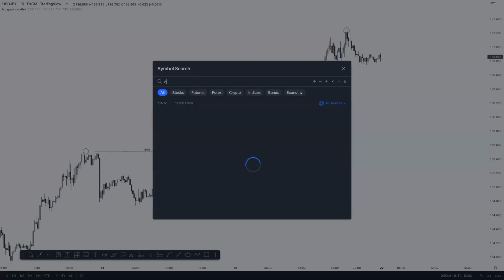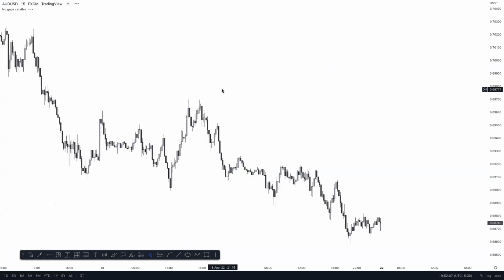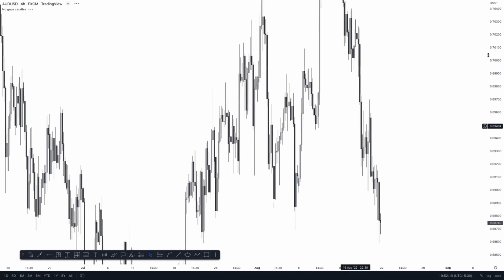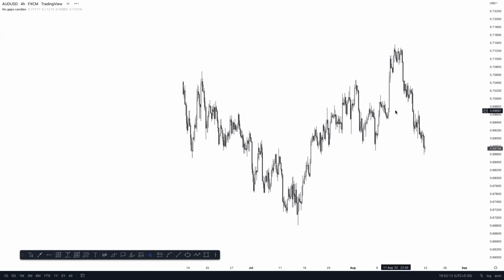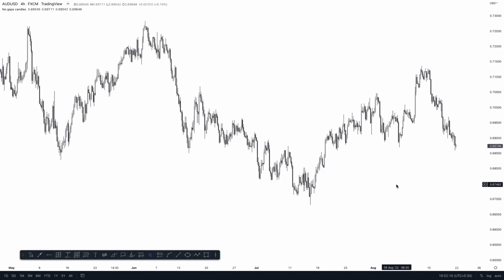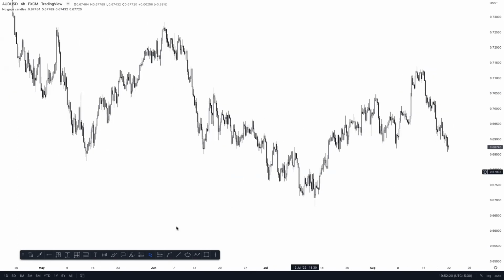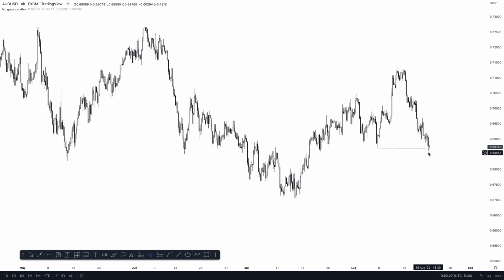Let's take a quick look at the Aussie dollar in a 4-hour and 15-minute. In the 4-hour time frame, I think the same story is happening here, like GBP USD, Euro USD, and the Aussie dollar is also similar. The market just swept the liquidity. So I can't say whether this is a pause or not.